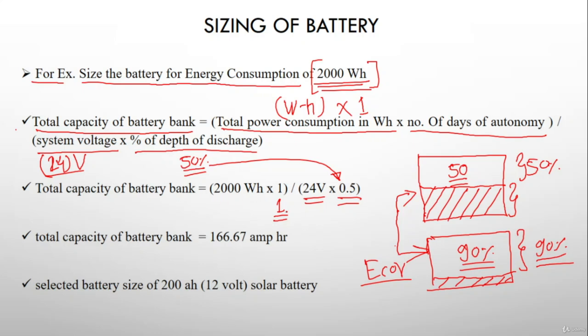After this calculation, we get the total capacity of a battery bank required to fulfill the need of the consumer: 166.67 ampere hour. Close to that, we select whatever market standard battery is available. Let's say we select a battery of 200 ampere hour, 12 volt, which can easily be available in the market.